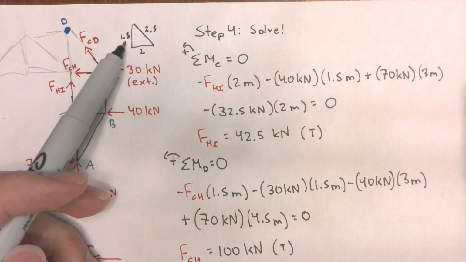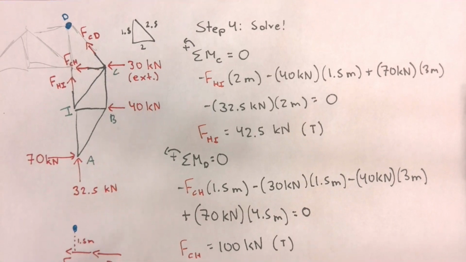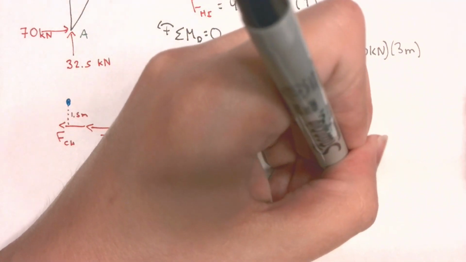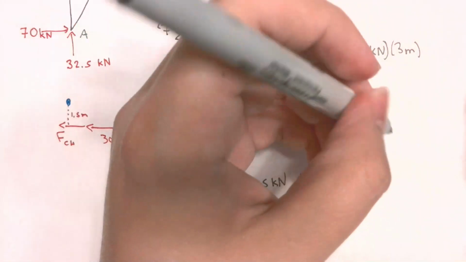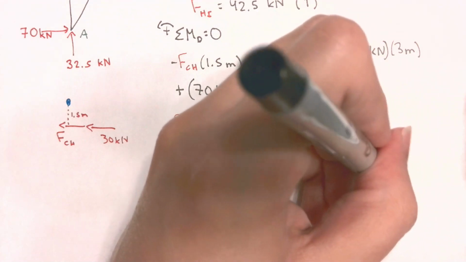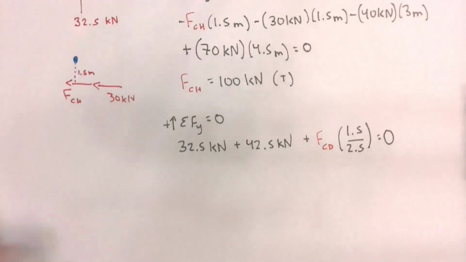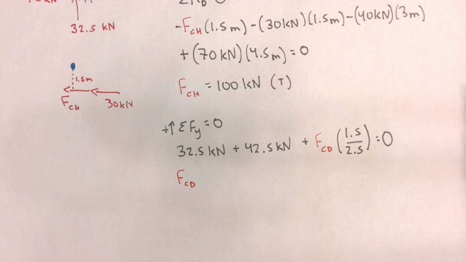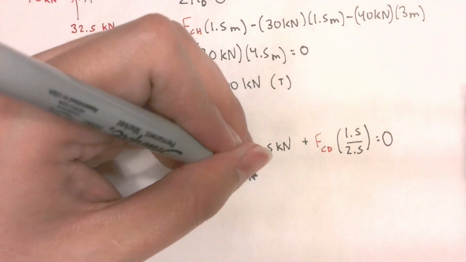In this case, my slope will be 1.5 divided by 2.5, and that should be equal to 0. I solve for force CD, and I get that that force is equal to negative 125 kilonewtons.